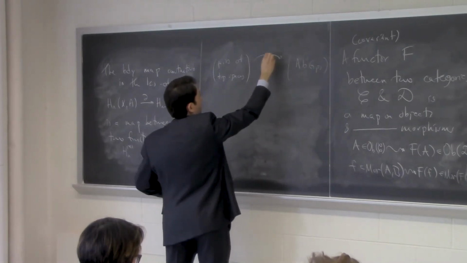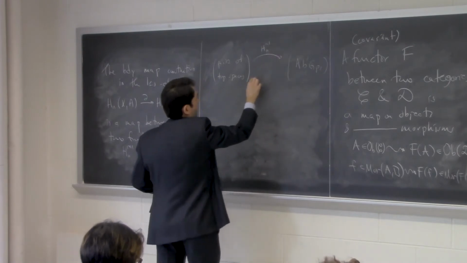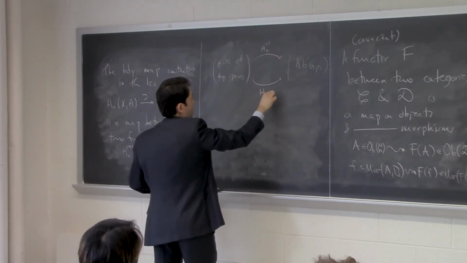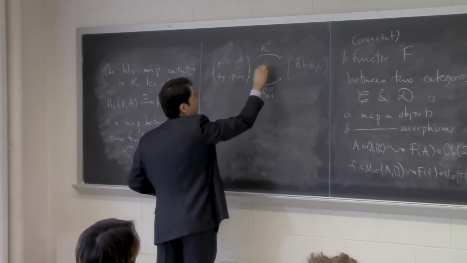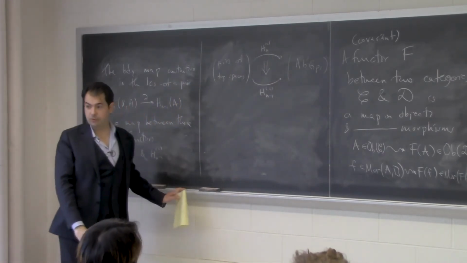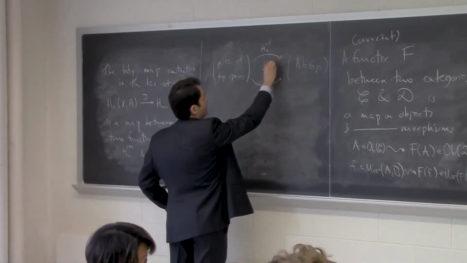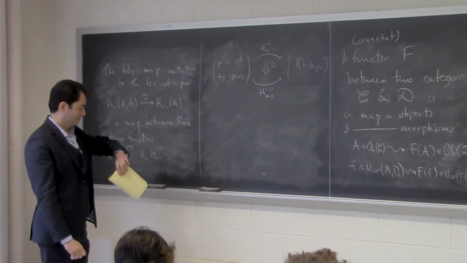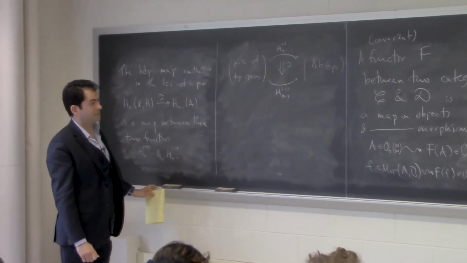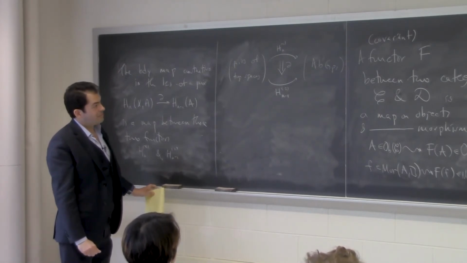And so we have this functor H_n rel, and then we have this functor H_{n-1}^2, and we write a map between those arrows as a bigger arrow. And this would be the boundary map.